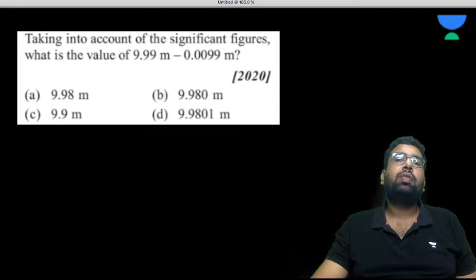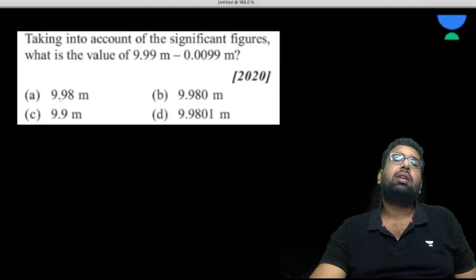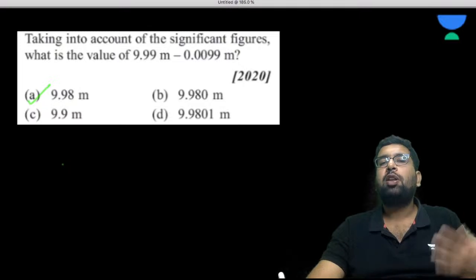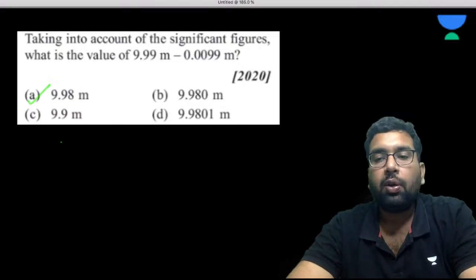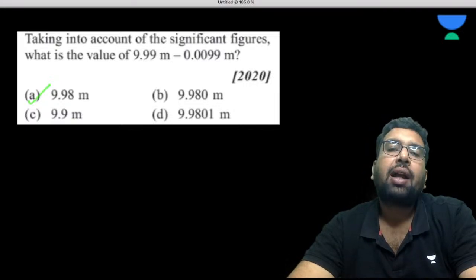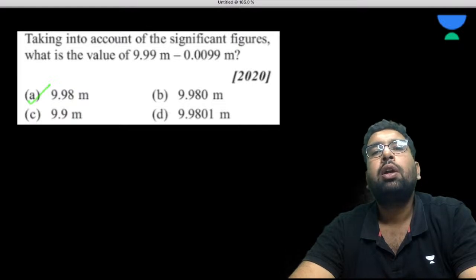When two numbers are subtracted or added, the final answer must have the same number of decimal places as the value with the least decimal places.